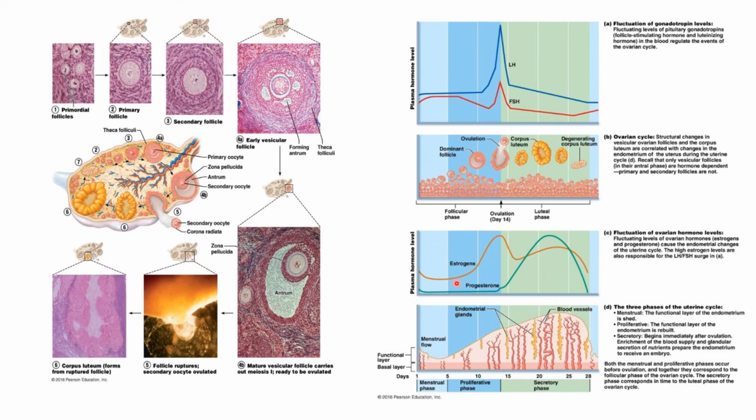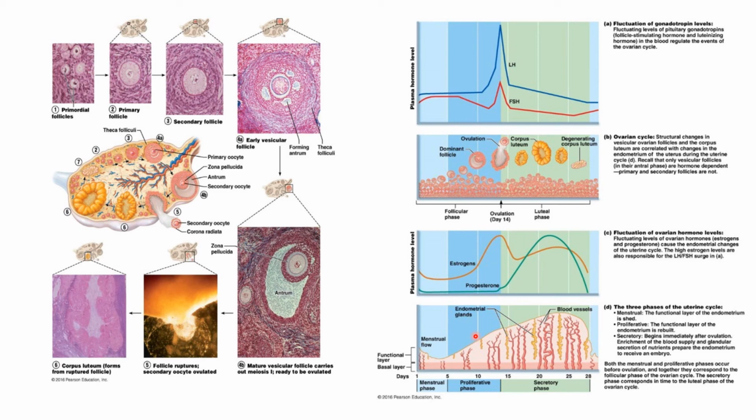And so you can see the estrogen levels are rising because the follicles are growing in the ovary. But in the uterus, what's happening during that stage is that the endometrium layer of the uterus is rebuilding itself under the influence of that rising estrogen level.